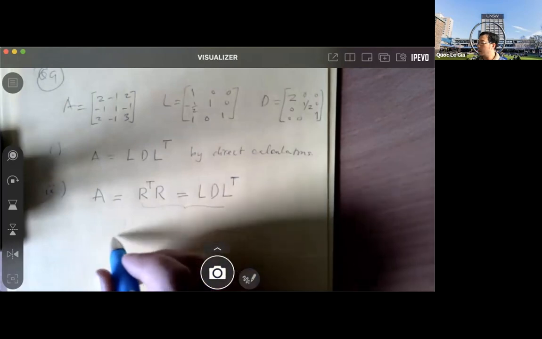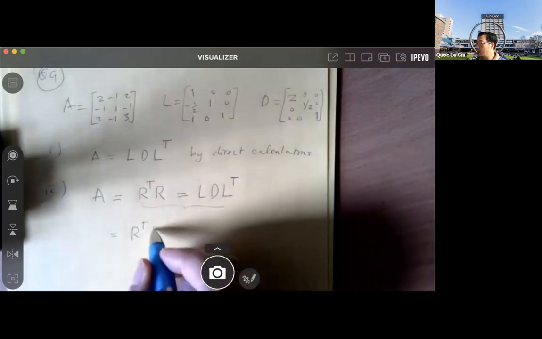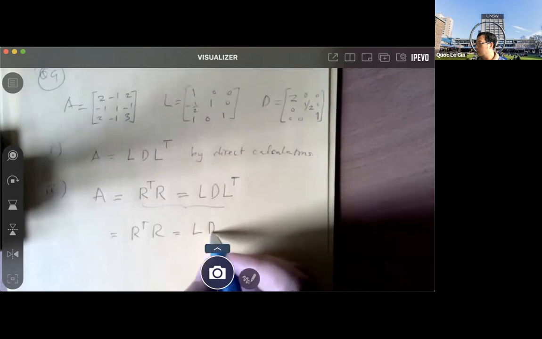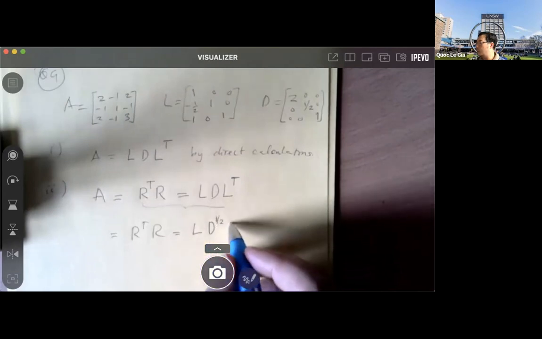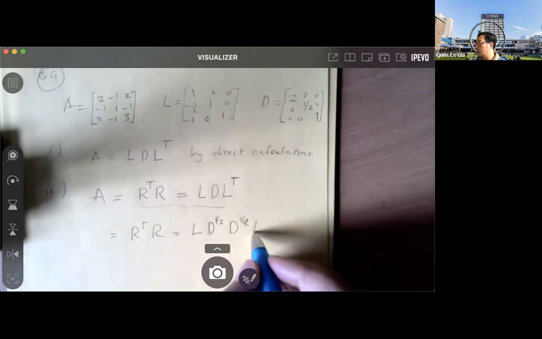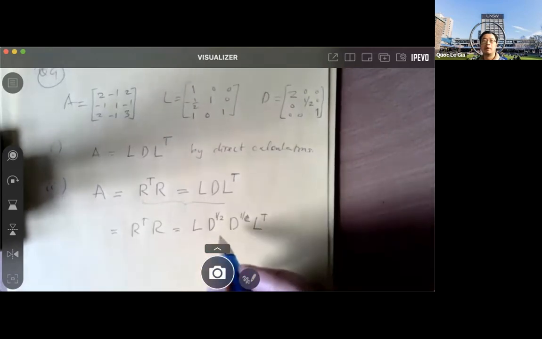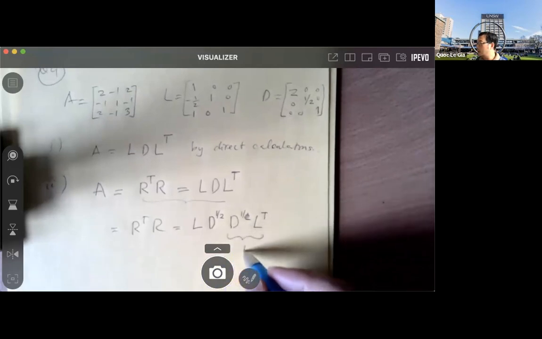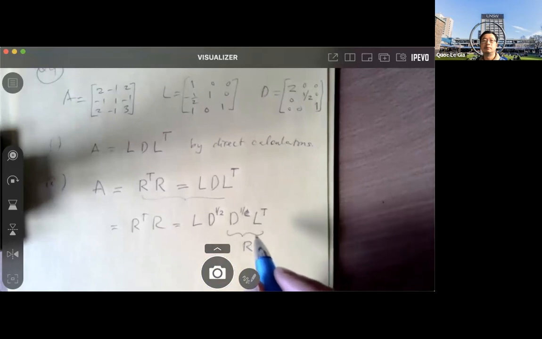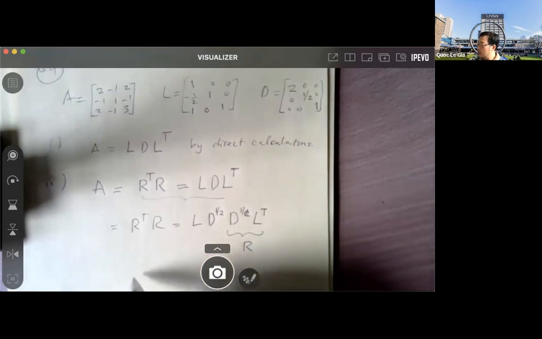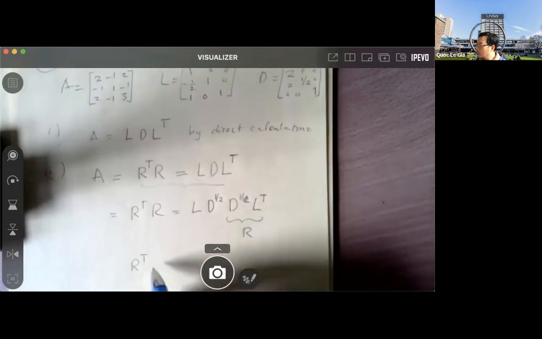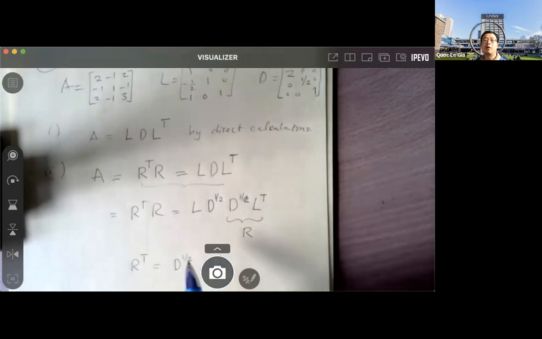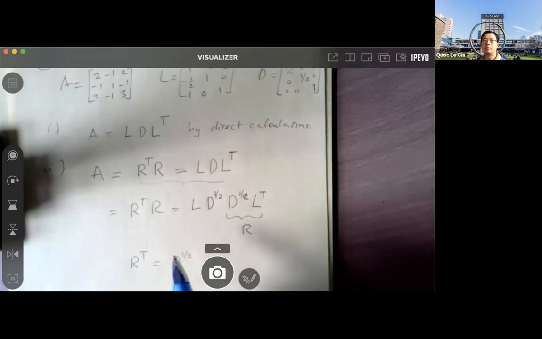Well, if you write R transpose R equal L square root D times square root D, L transpose, and then you define this as the matrix R, then you see that R transpose is just D to the 1/2 L transpose, the whole thing transposed. Remember, for a diagonal matrix, you can take the square root by taking the square root of the diagonal entries.